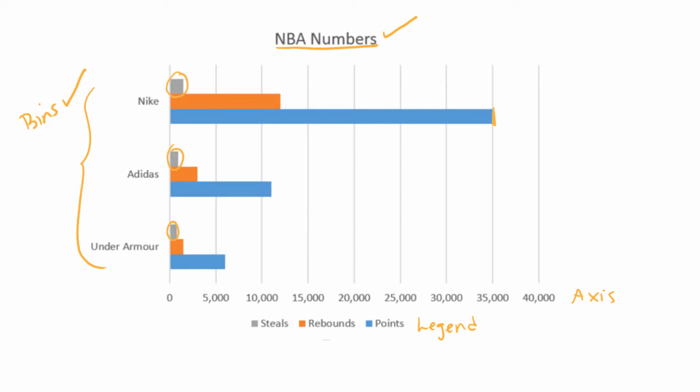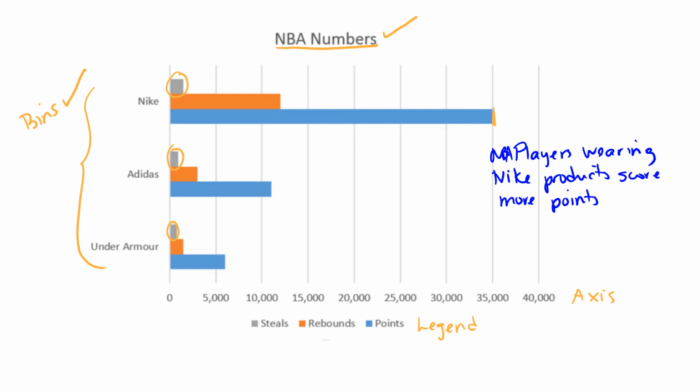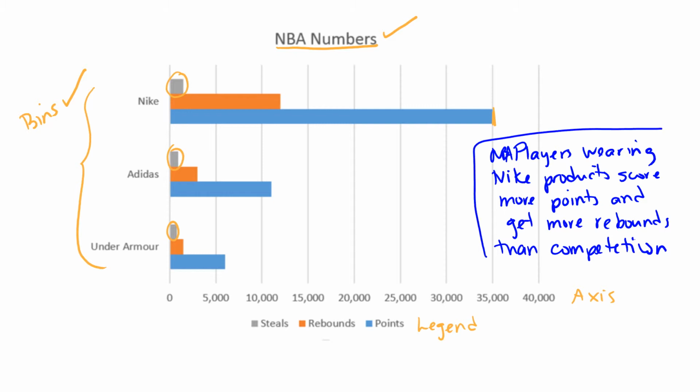The steals are sort of small in each category, but generally speaking, I think the graph shows that Nike players, NBA players wearing Nike products score more points and get more rebounds than competitors, than the competition. So that's what the graph is telling me.